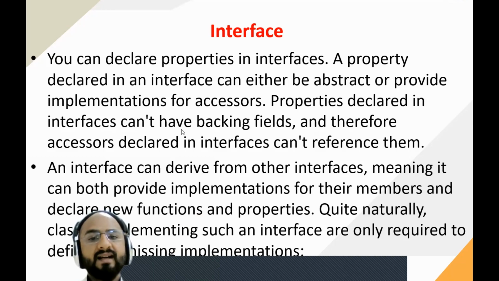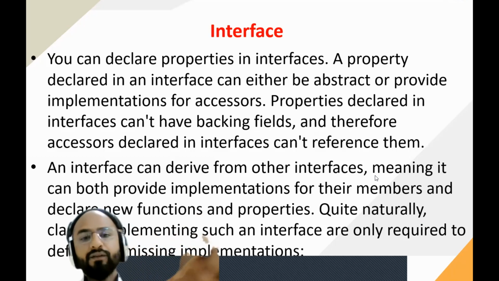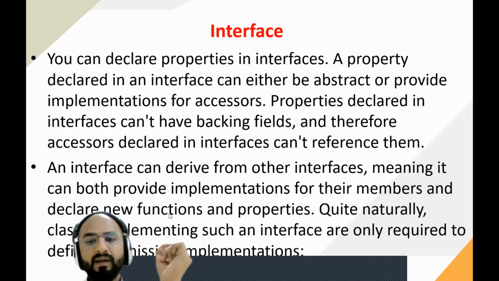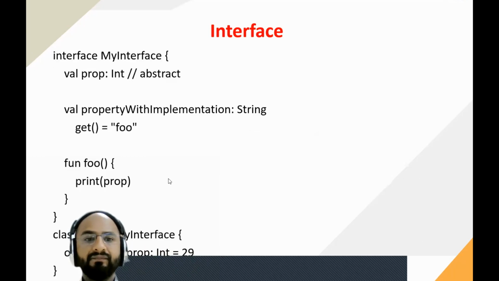Properties declared in the interface can't have a backing field, and therefore accessors declared in the interface can't reference them. Right? An interface can derive from another interface. One interface can derive from another interface, meaning it can both provide implementations of their members and declare new functions and properties. Quite naturally, classes implementing such an interface are only required to define the missing implementations.